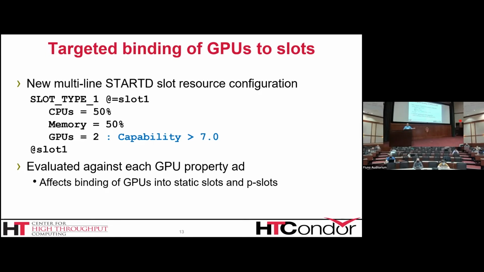Now you used to have to put all of this on one line. We now support a multi-line form where you say CPUs is this many, memory is this memory, GPUs is 2, and this constraint must be true for every GPU that you assign to this slot. And this constraint is going to be evaluated against the property ad of the individual GPUs one at a time while looking for GPUs to assign. All right.